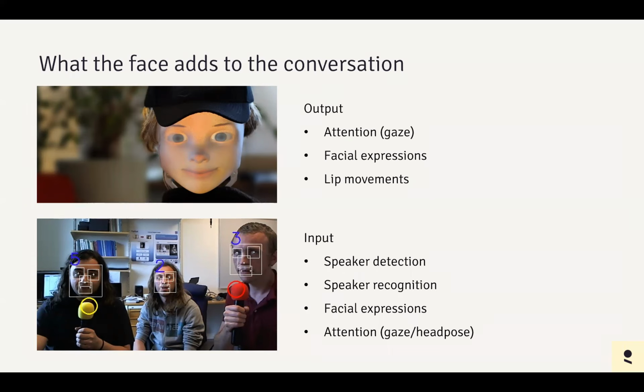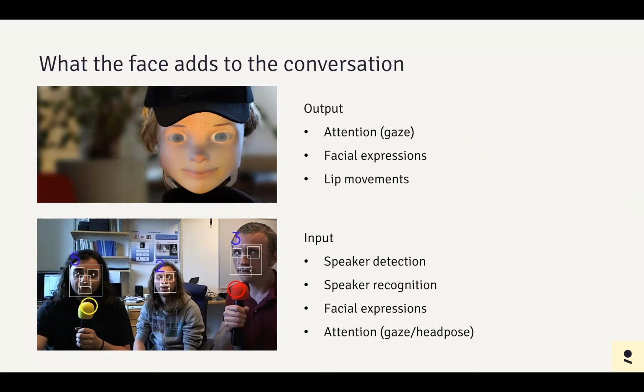So we can see whether it's looking at me or it's looking somewhere else in the room. I can read the facial expressions of the agent. I can read the lip movements of the agent, so that helps me to hear what the agent is saying. And I can see if the agent looks happy or confused, for example. So it's a lot of information there in the face.